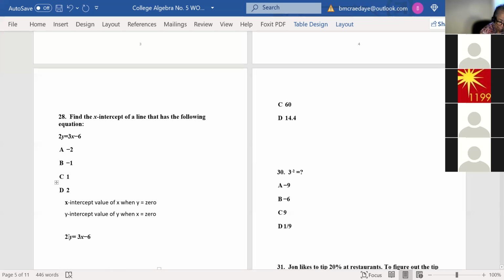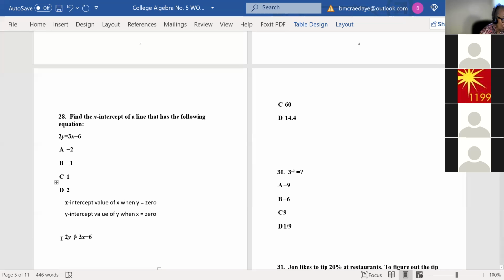Y equals 0, that's all I know. And 3x is something multiplied by 3, right? Put a 0 for your y and then solve for your x. Minus 3x.